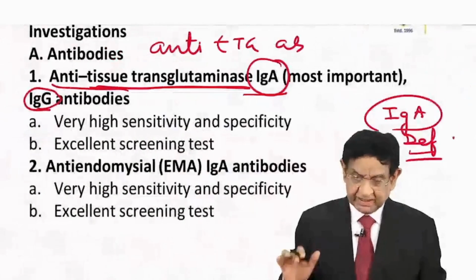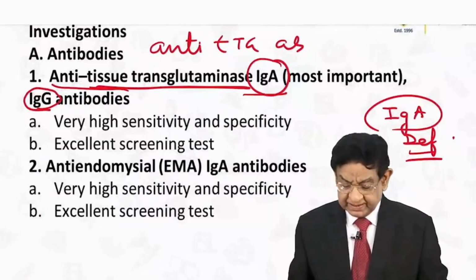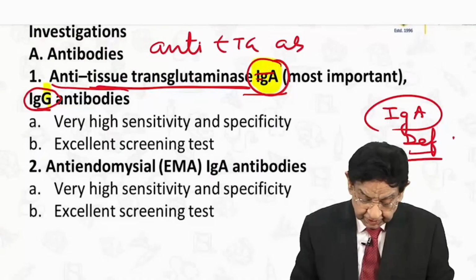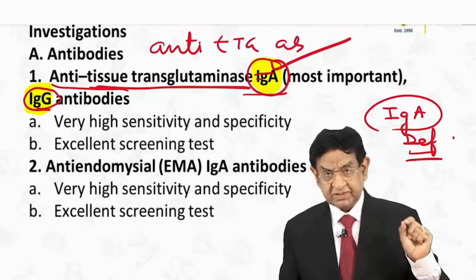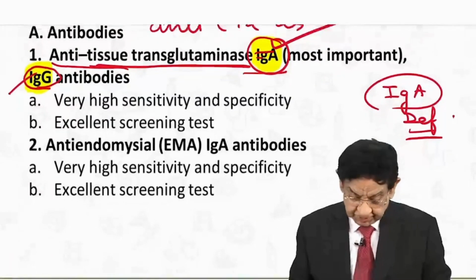But as of now, I want you to make sure that anti-TTG antibody can be IgA and can be IgG also. Routinely, we always check IgA, but in certain circumstances, we may have to go for IgG. What is that? I'm going to discuss soon.